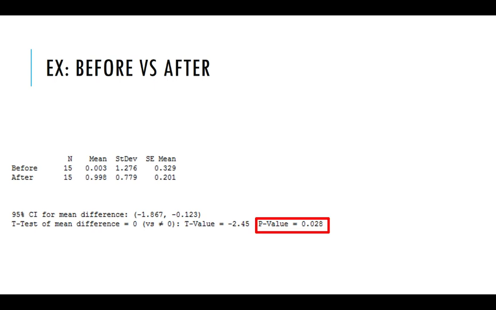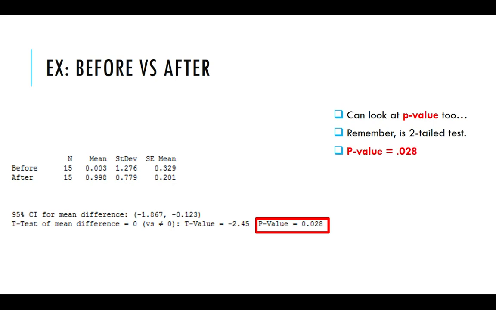All right. We can also look at our p-value. So p-value, again, is our shortcut. Remember, we're doing a two-tailed test, which is fine because remember, statistical output is generally assuming two-tailed. We have a p-value of 0.028, which means that there's only a 2.8% chance of making an error.